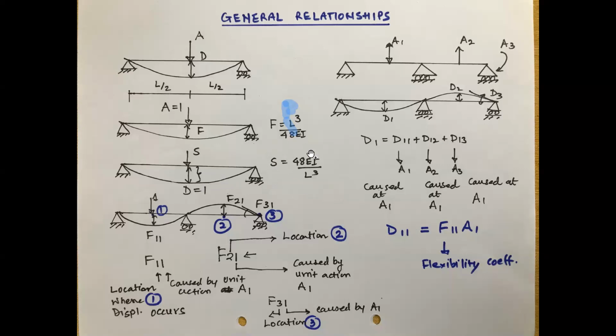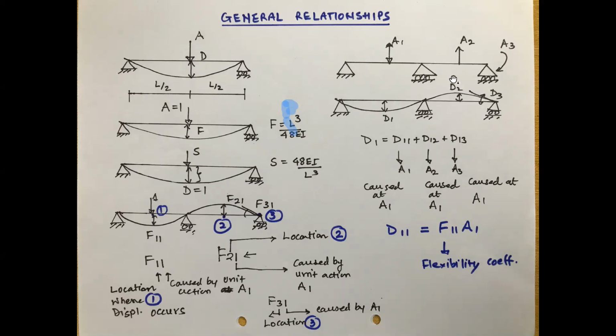Taking the reverse equation, if you make the left-hand side delta equal to 1, you get the force, and that force is nothing but 48 EI by L cube. Both are opposite. So this is for the simple beam. All of you now know how to calculate the stiffness coefficient and the flexibility coefficient. When we solve more realistic examples, we will come to know more about the details.